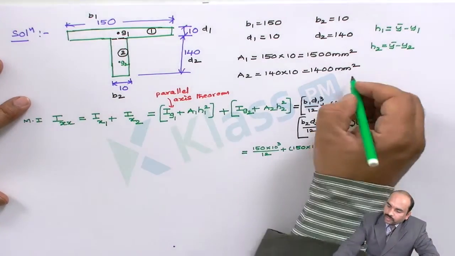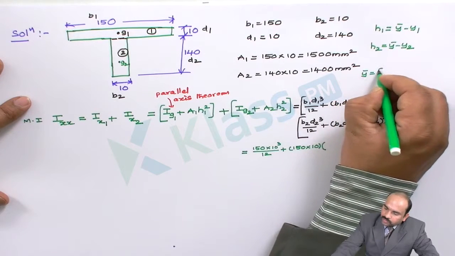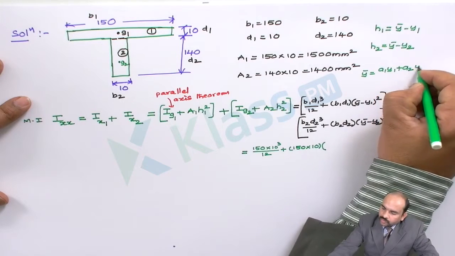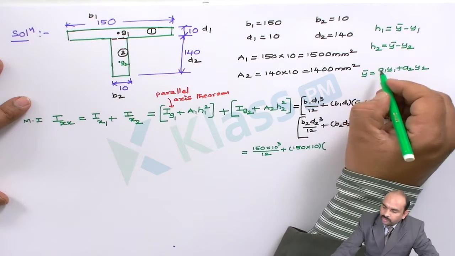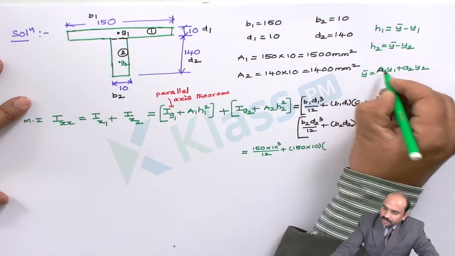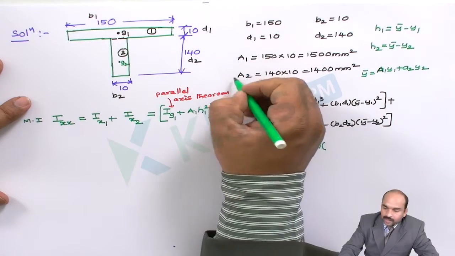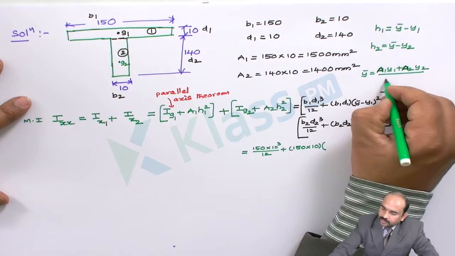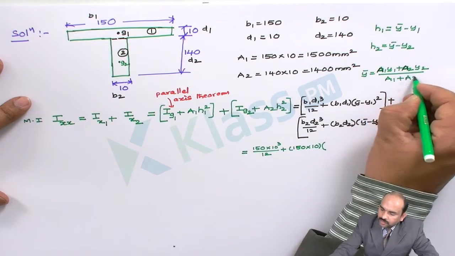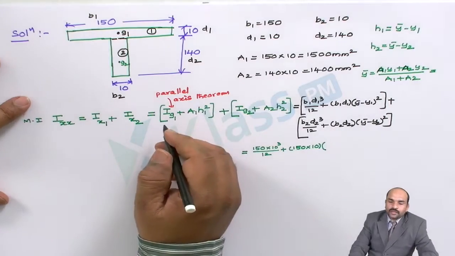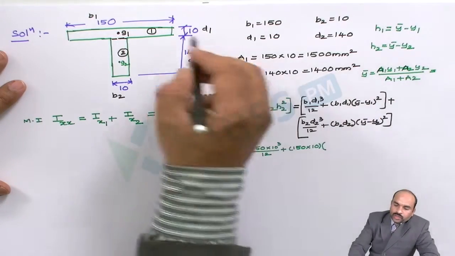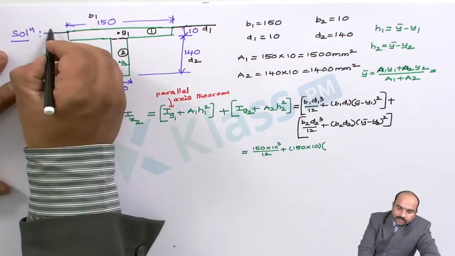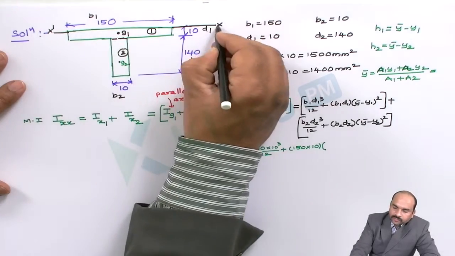So let us calculate y bar. Y bar equals A1 y1 plus A2 y2 by A1 plus A2, where we are taking areas as capital A. To calculate y1 and y2, let us take a reference axis x dash.